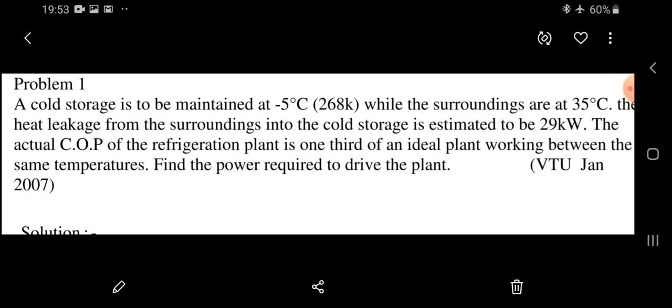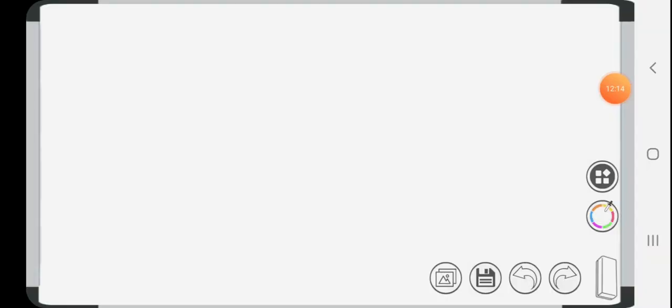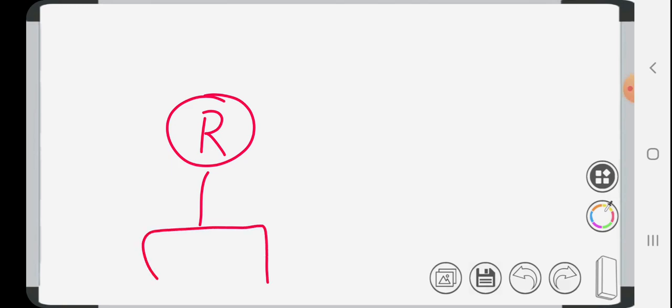Students, please note down this problem. What was the problem? I have a refrigerator, right? A space to be cooled with T1 equal to minus 5 degrees Celsius, some Q1, some Q2.